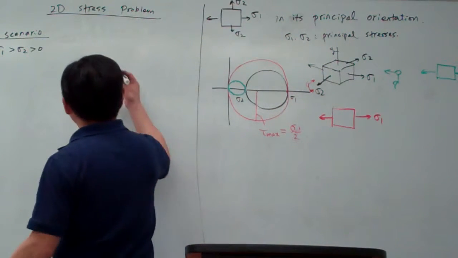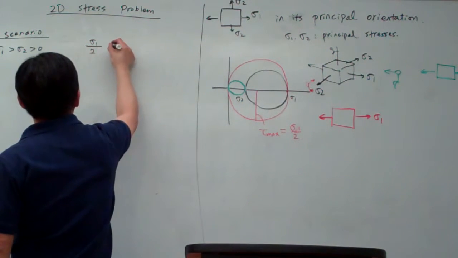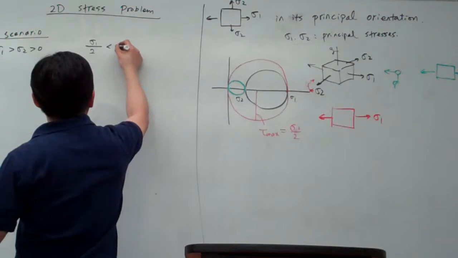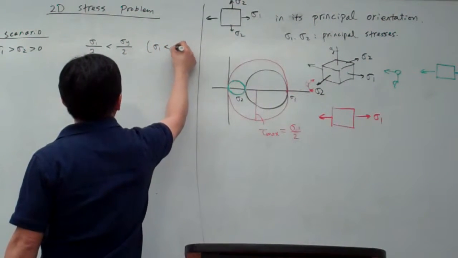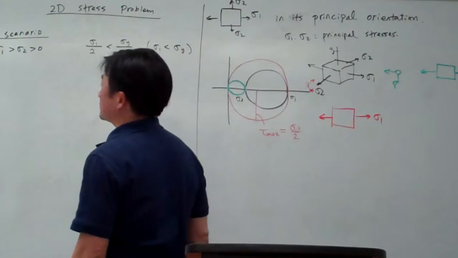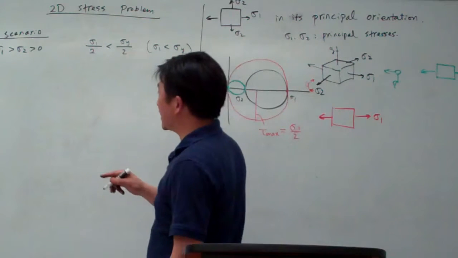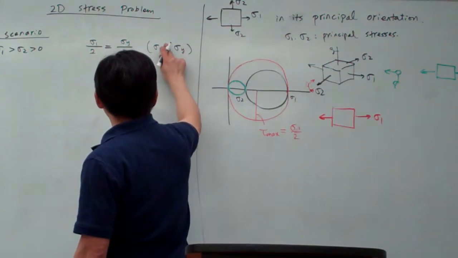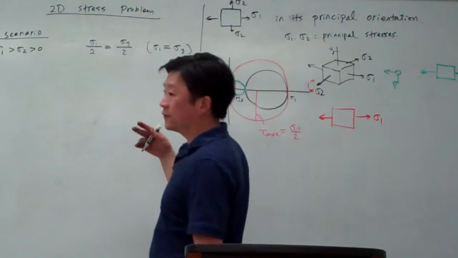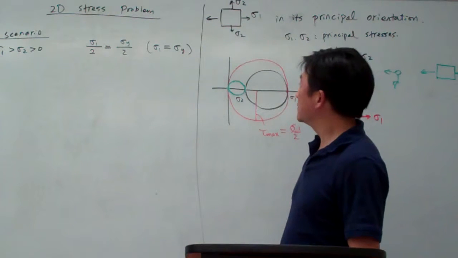For the criteria, here we have sigma 1 divided by 2 is less than sigma y divided by 2. So that means sigma 1 less than sigma y. Okay, so for example, at the onset of failure, we put an equal sign here. That gives us the boundary which we shouldn't go beyond.